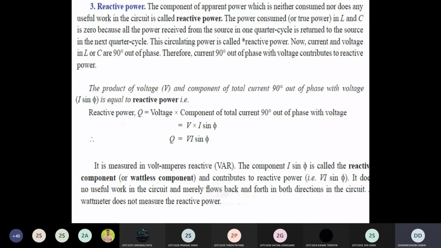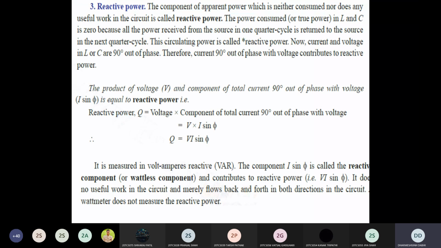Now the next component is the reactive power. The reactive power definition is that the component of apparent power which is neither consumed nor does any useful work in your circuit is called the reactive power. The power consumed in L and C is 0, because the power received from the source, as I already told you, is returned to the source again after one quarter cycle.